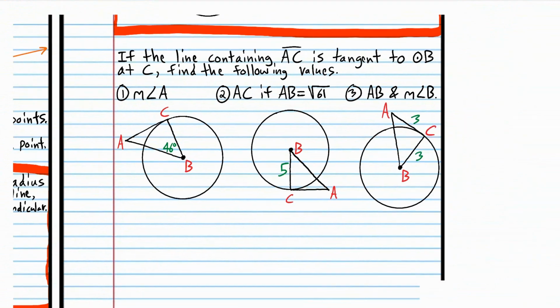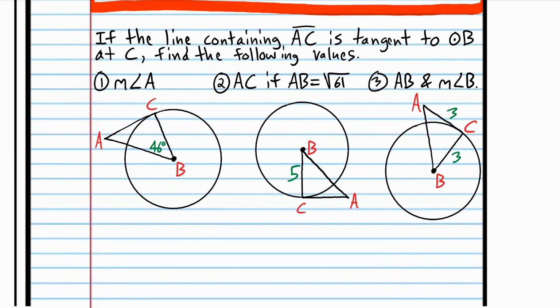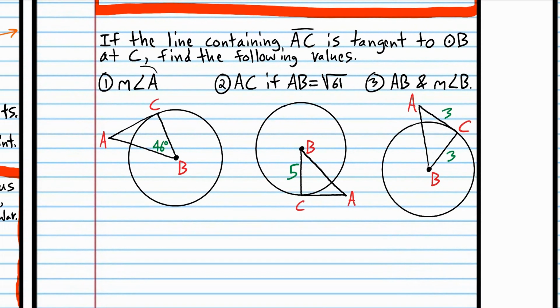So if that angle is 90 degrees, then we have a right triangle, and we can easily find the measure of angle A. We're going to use the triangle sum theorem. Measure of angle A plus the measure of angle B plus the measure of angle C is equal to 180 degrees. The measure of angle A we don't know, we're looking for that. The measure of angle B we know is 46 degrees, and the measure of angle C is 90 degrees.